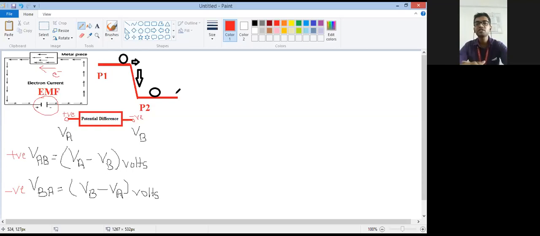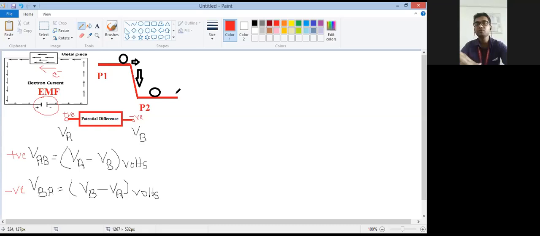It is not the case that one point is at a particular voltage and another point is at ground level. The 2 points can be any value. So VAB is the voltage difference, or the potential difference, between point A and point B.